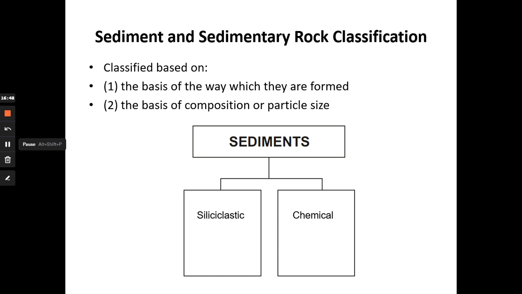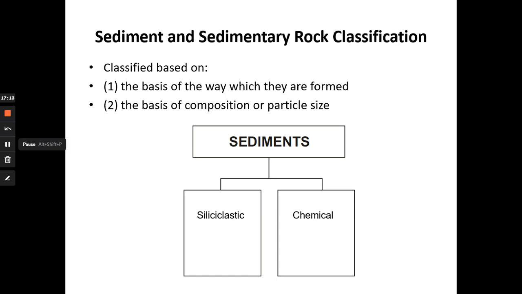So using these two criteria, you can generally classify all sediments into two main types. First, you have the siliciclastic sediments, and then you have the chemical sediments. And obviously, from the name, I think you can already understand what the two different groups represent, right?